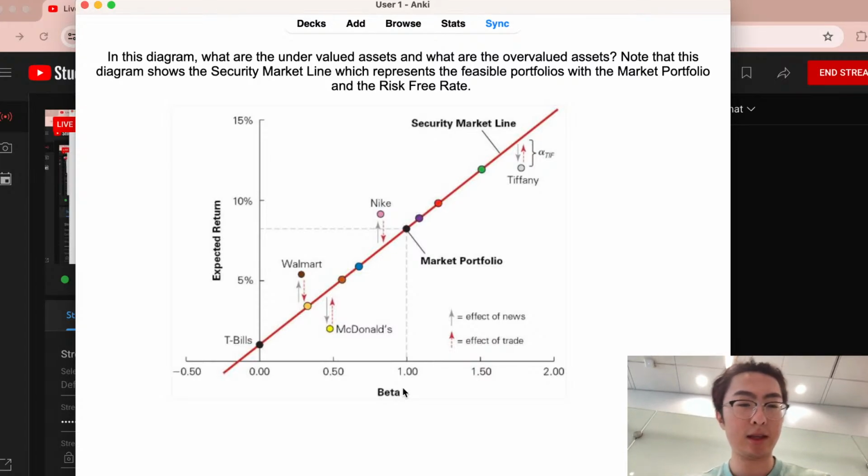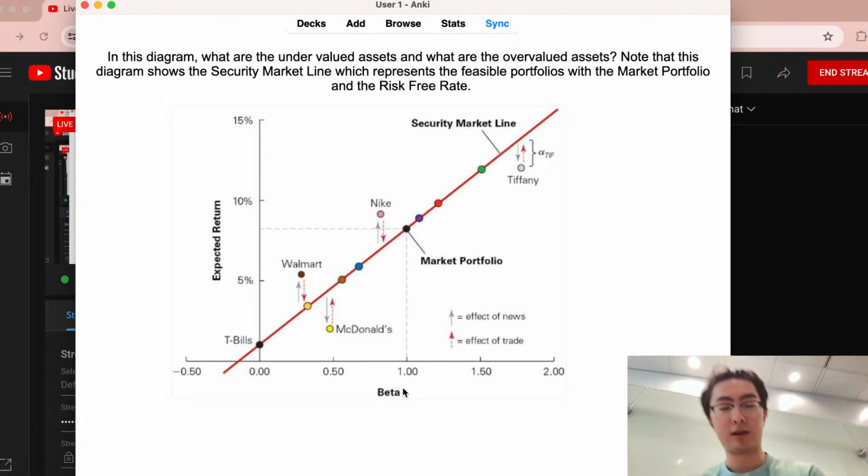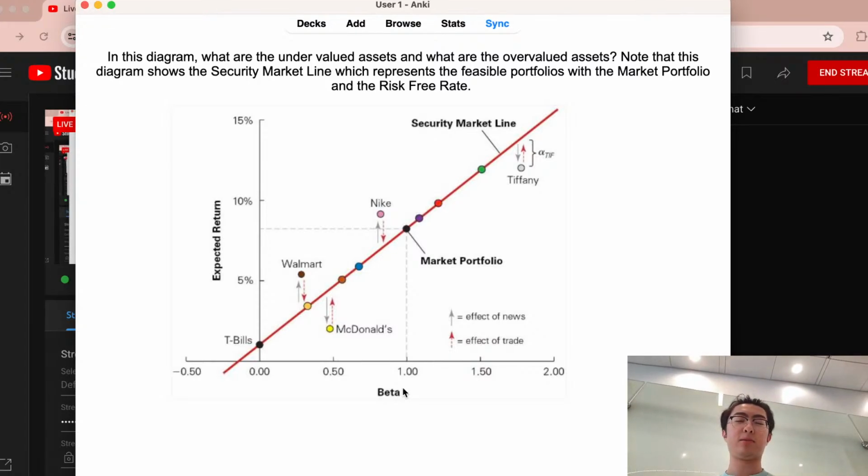Okay, so in this diagram, what are the undervalued assets and what are the overvalued assets? Note that the diagram shows the security market line, which represents the feasible portfolios within the market portfolio and the risk-free rate.